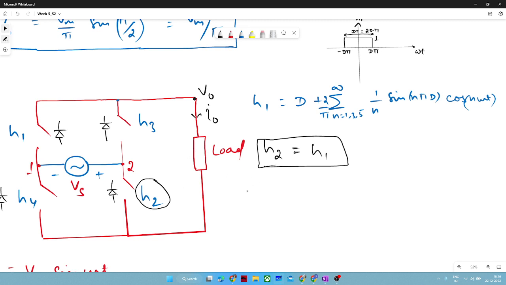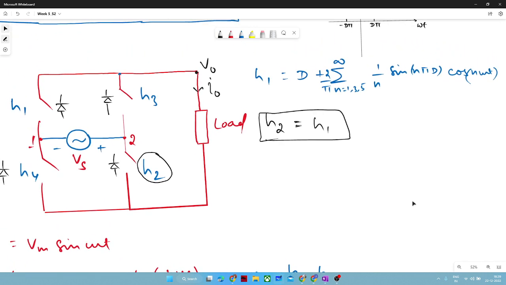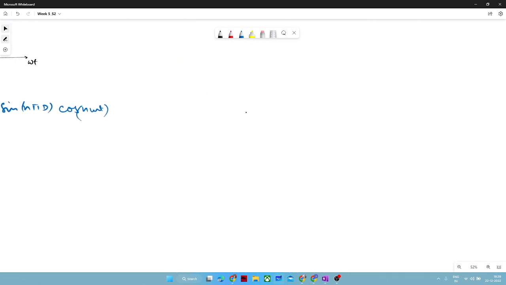So if I want to write V naught, when H1 and H2 conduct, the circuit will look something like this.